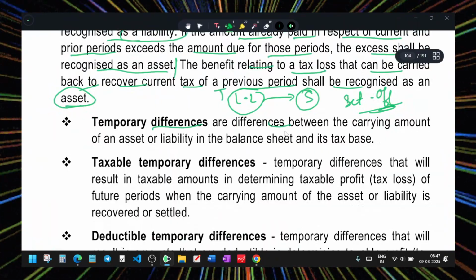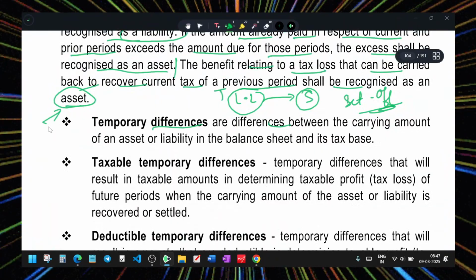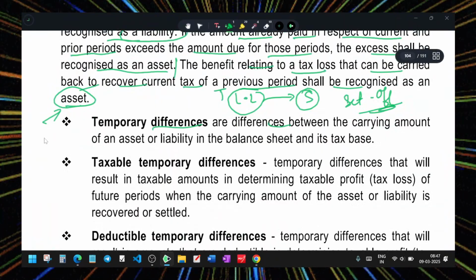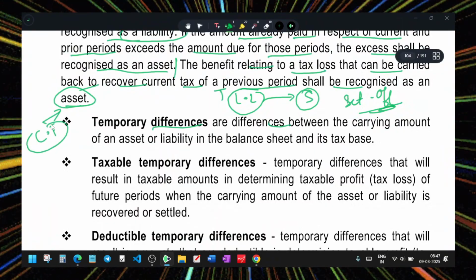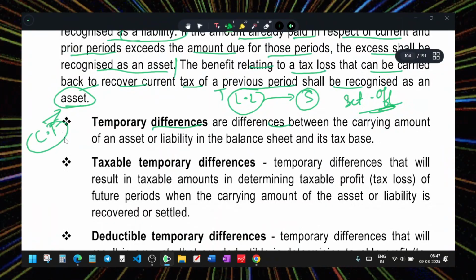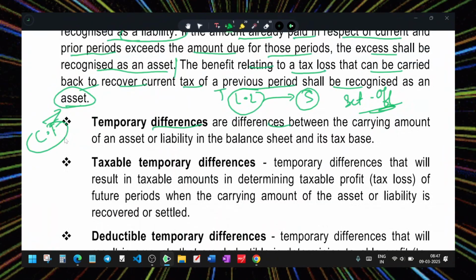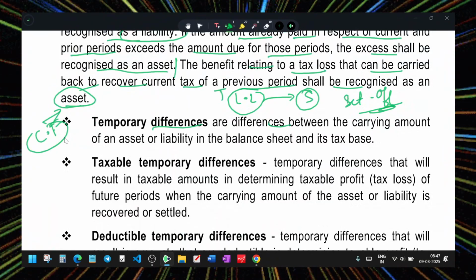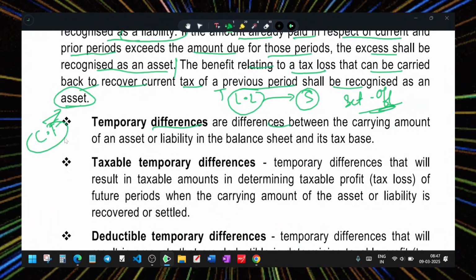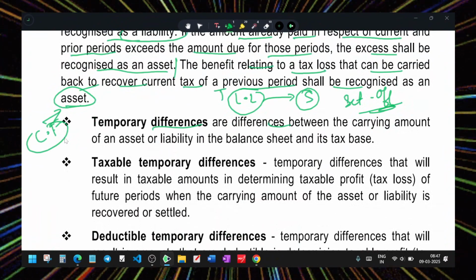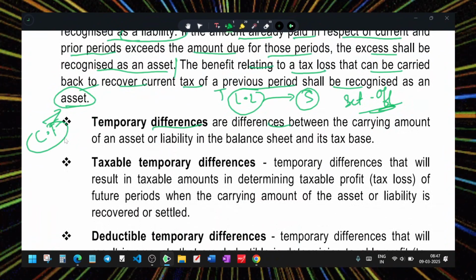Temporary difference: as per the income tax, you should account for carry forward loss also. You should think how you account for carry forward loss. Someone says, you need to pay tax this much this year, sir. Okay, how, when, where will this come?